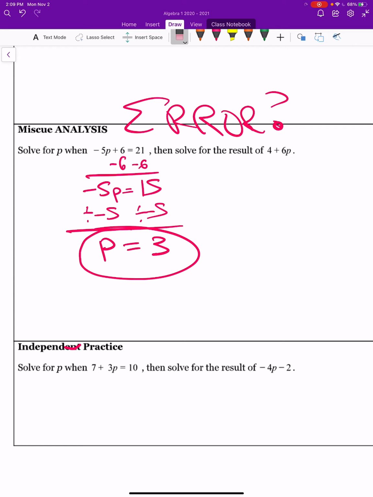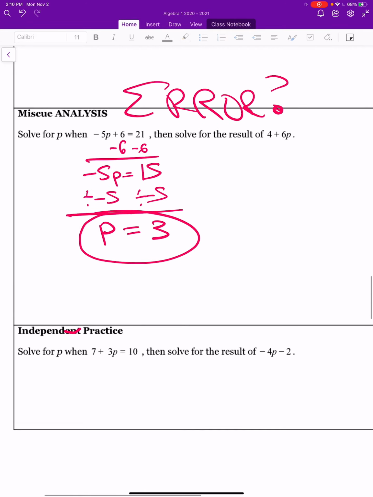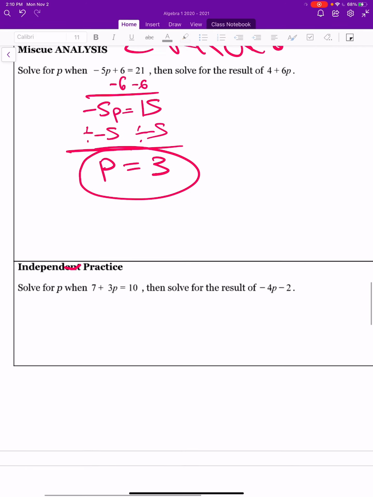Okay, where are the errors, the miscues? Please let me know. P equals 3 in this case.